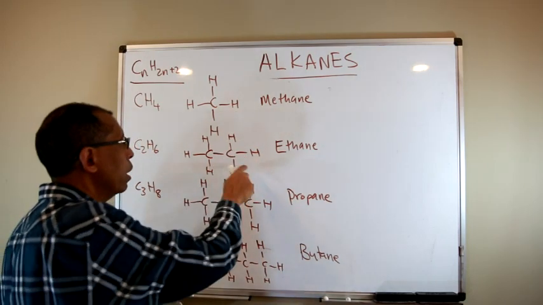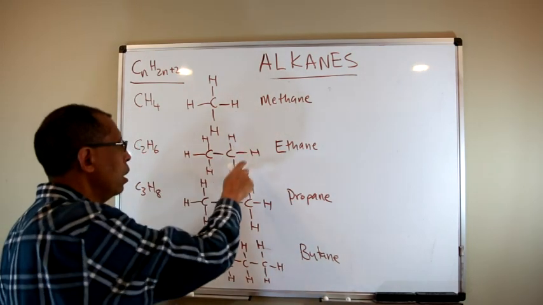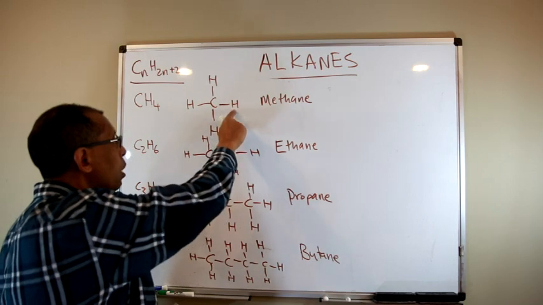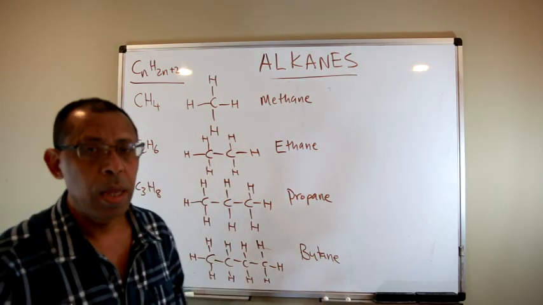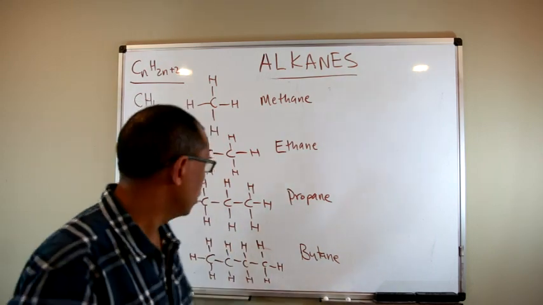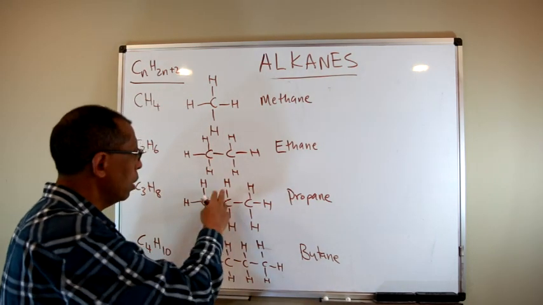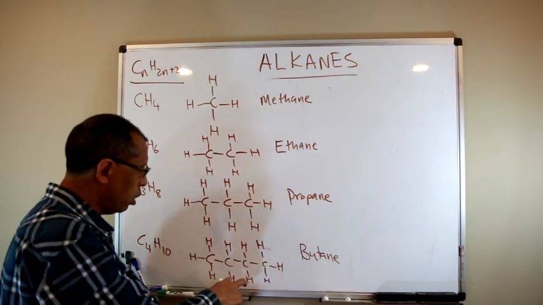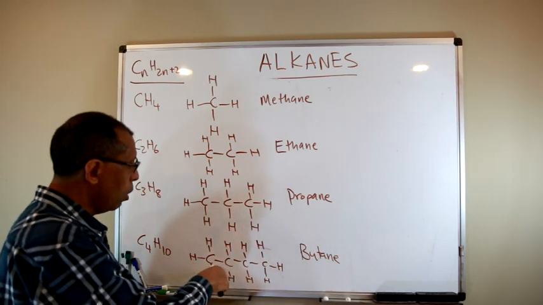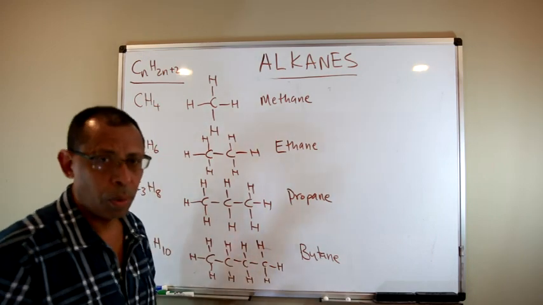For example, the next after methane is just a removal of one of the hydrogens but replaced by another CH3 or methyl group. So the next one also is the addition of one ethyl group. The next one is the addition to methane of one propyl.